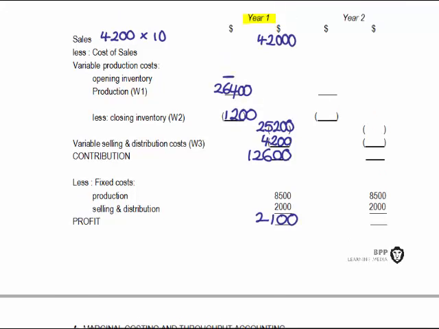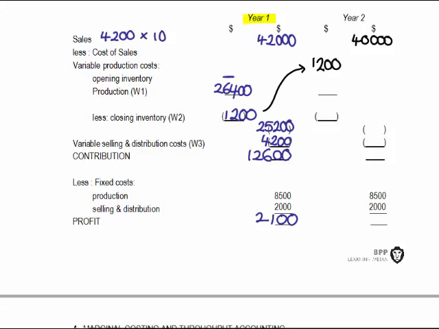Okay, let's do year 2. So this time we've sold 4,000. So 4,000 multiplied by $10 will give us sales revenue of $40,000. We've got some opening inventory this time, which is actually our closing inventory from year 1. So it's going to be $1,200.